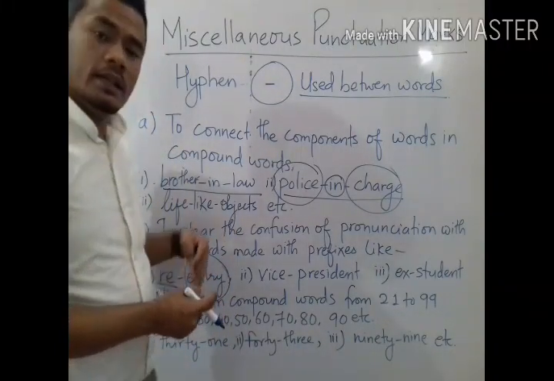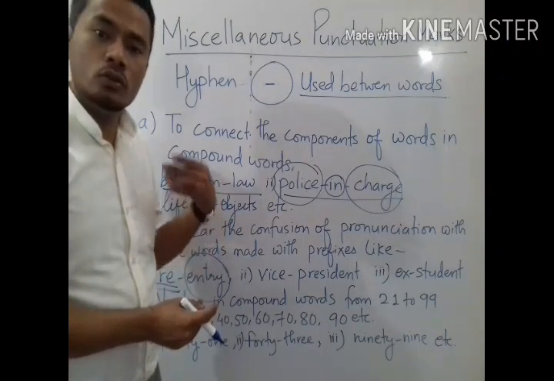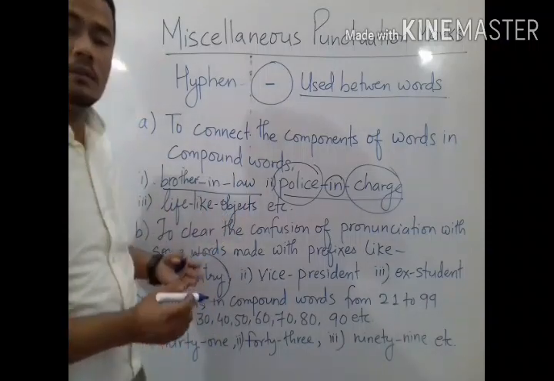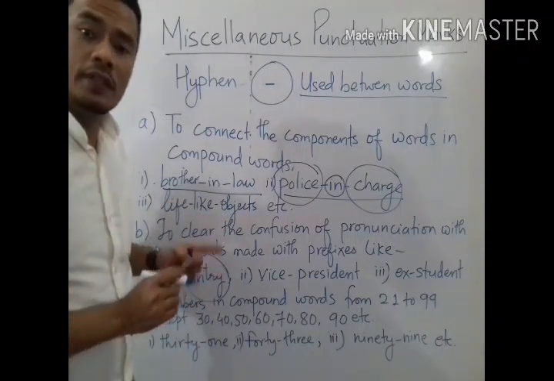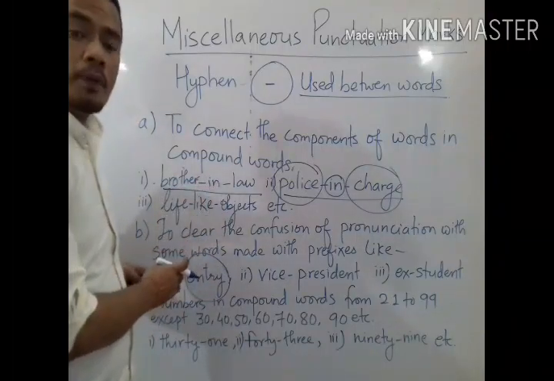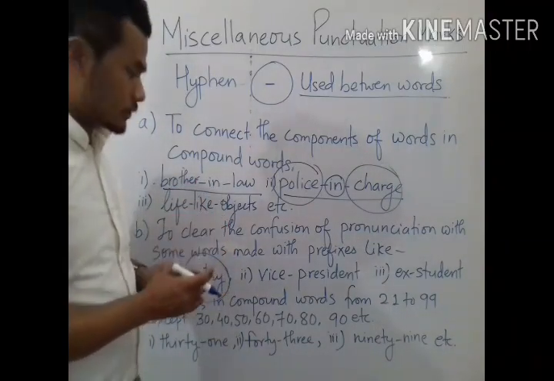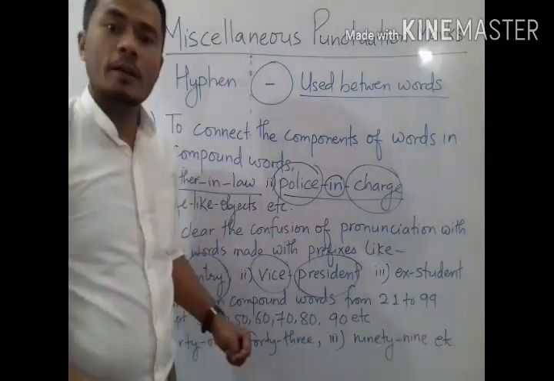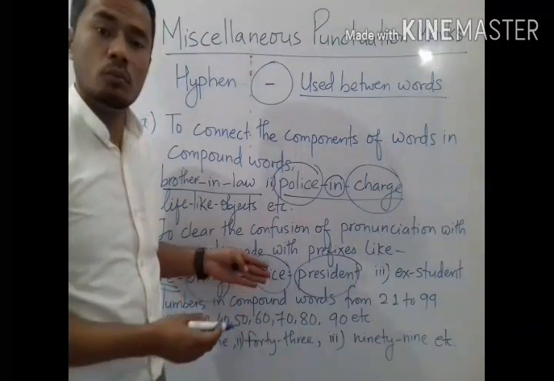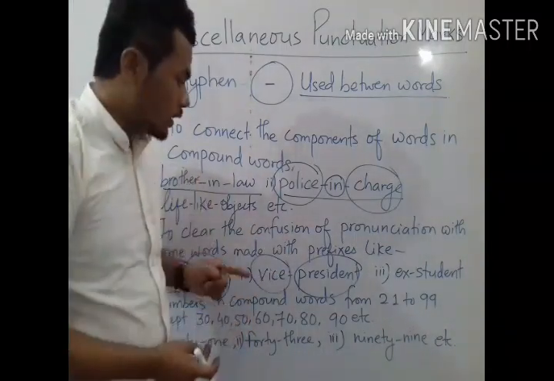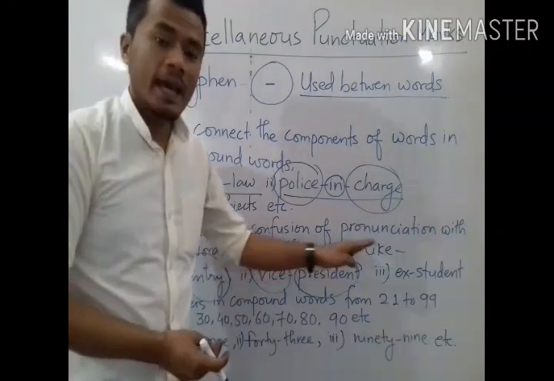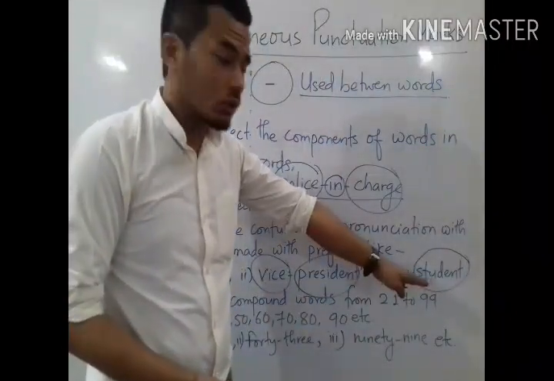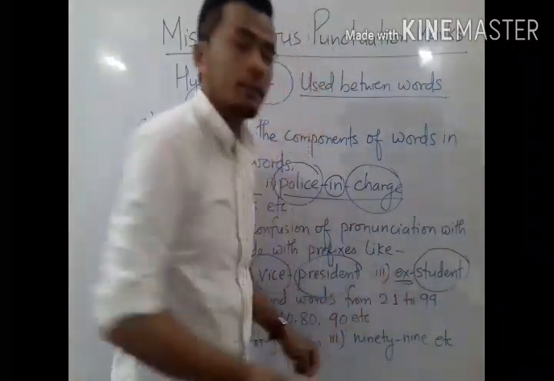Re-entry. So here, to clear the confusion of the pronunciation, while writing, we have to put a hyphen between the prefix re and the real word entry. In the same way, vice-president. President is the real word and vice is the prefix. In between these two, which together have made one word, we have to put a hyphen. In the same way, ex-student. Student is the actual word and ex is the prefix.